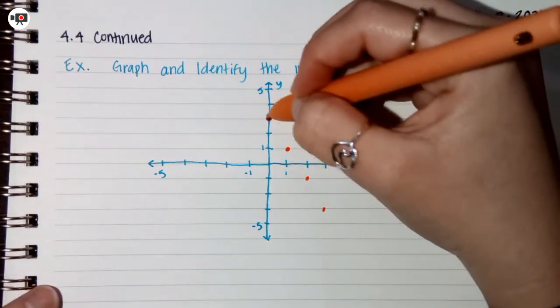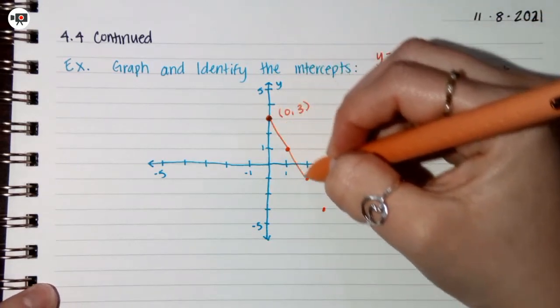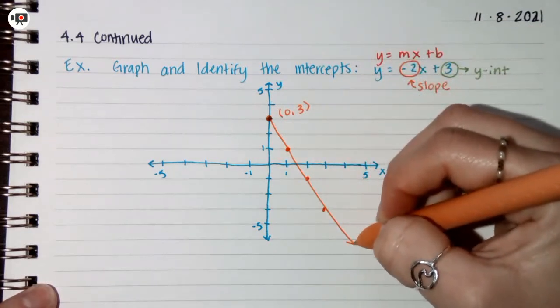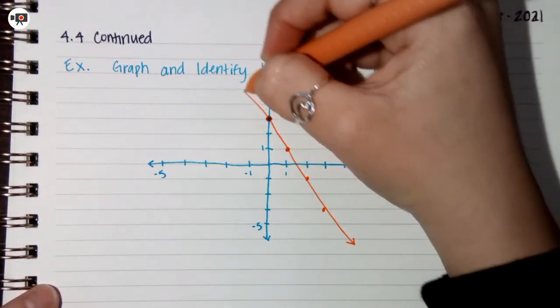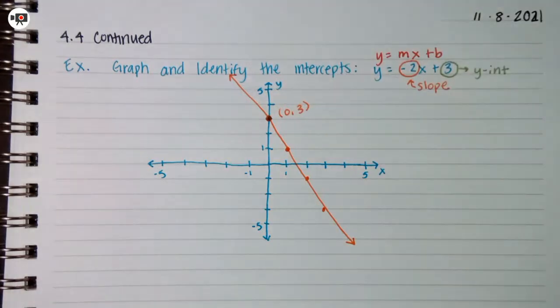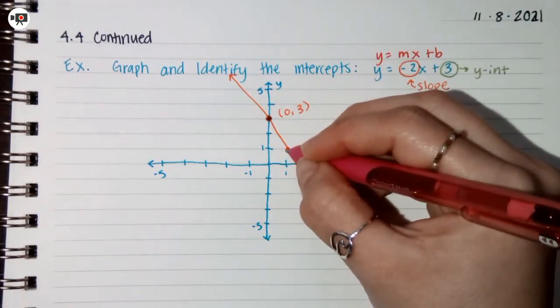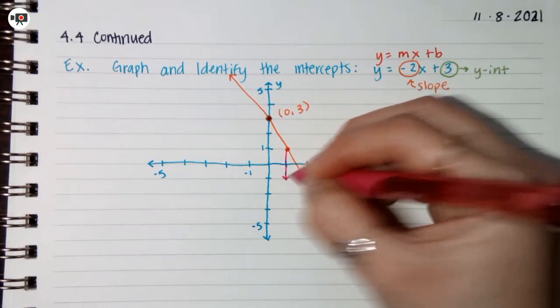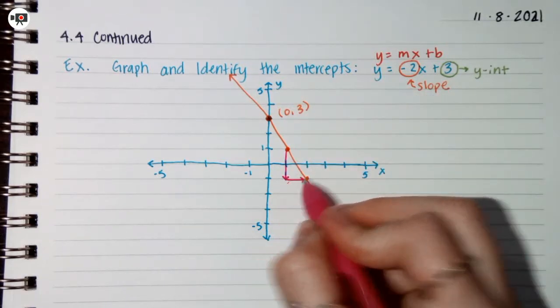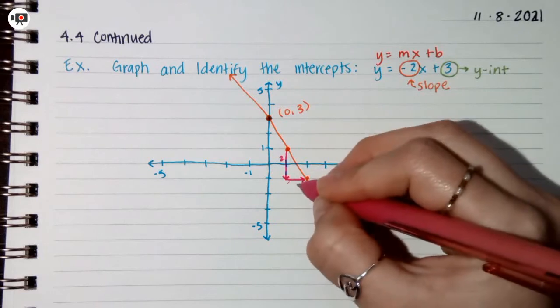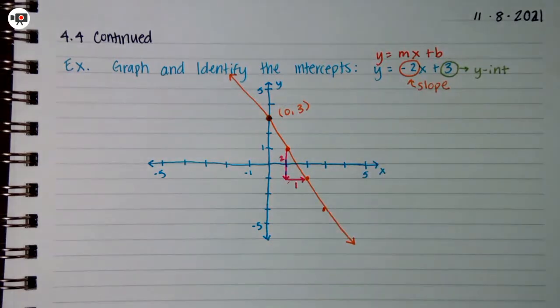Then you can connect your points. And I can see on my slope that I go down 2 to the right 1. And it's negative, so it points down.